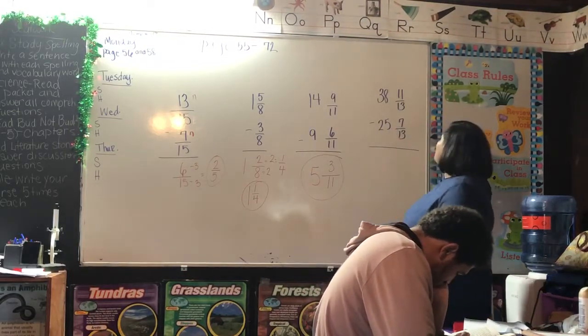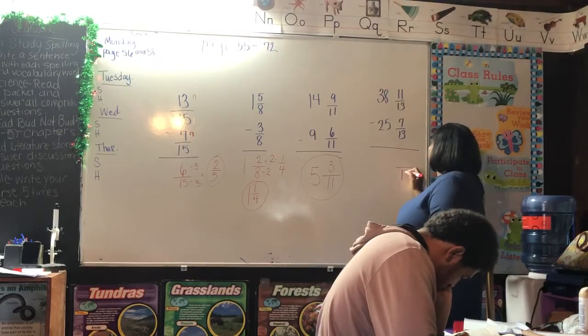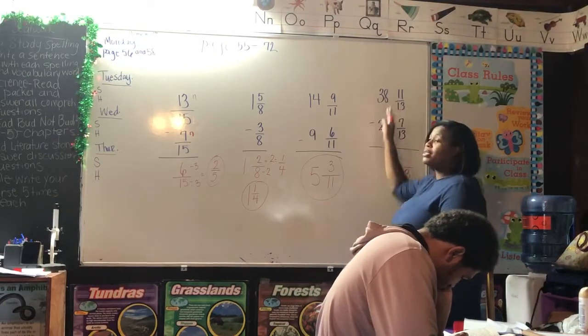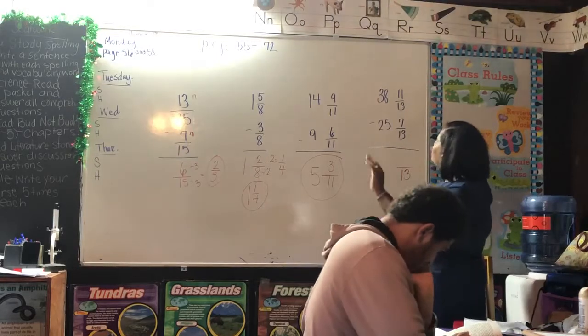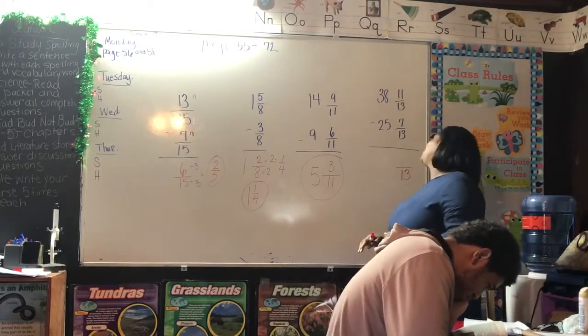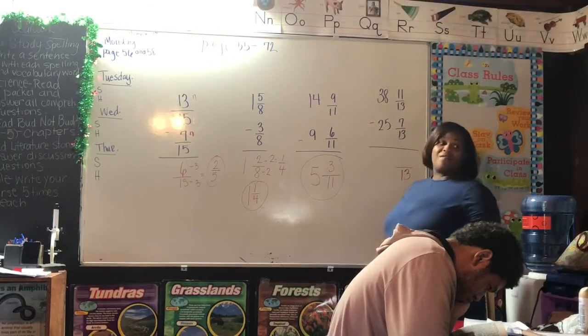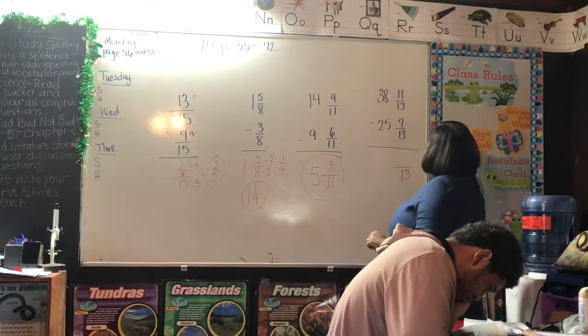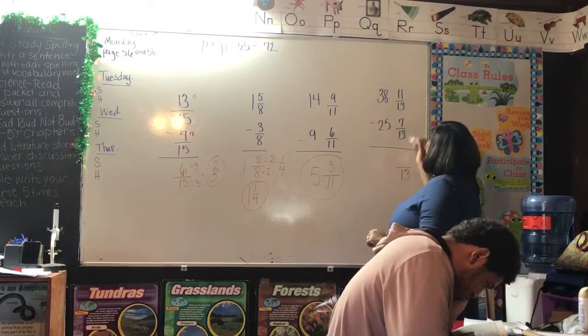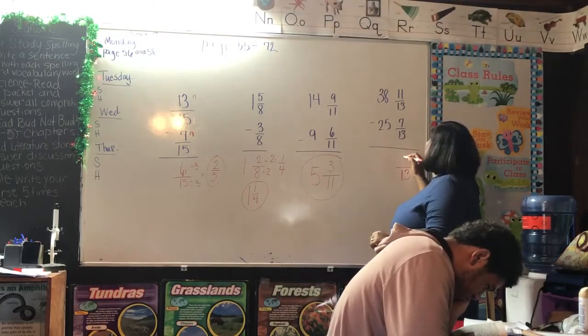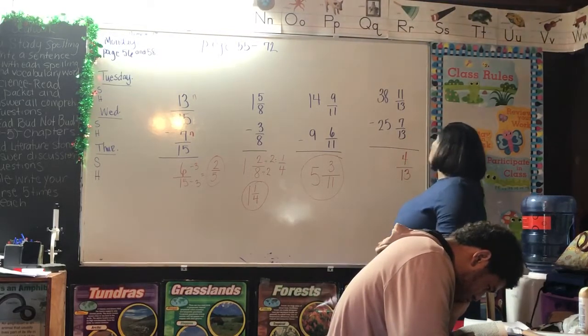Okay? Now, we have 2 whole numbers that can be subtracted, so we wait. 11 minus 7 is? 11 minus 7. 7, 8, 9, 10, 11. 4.